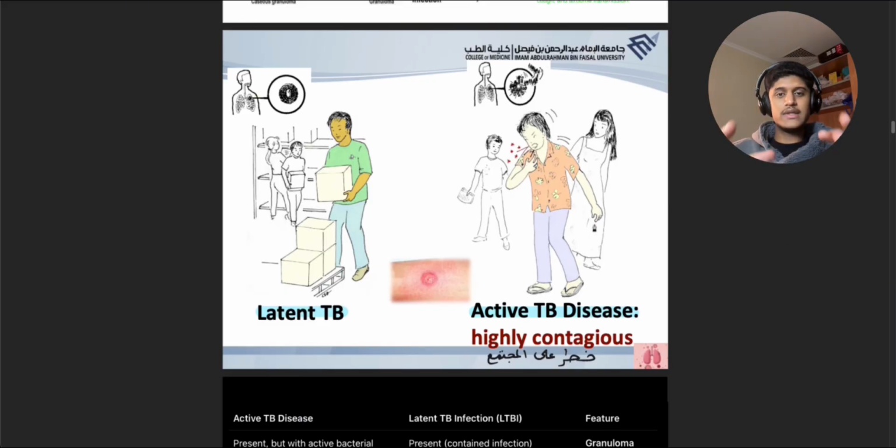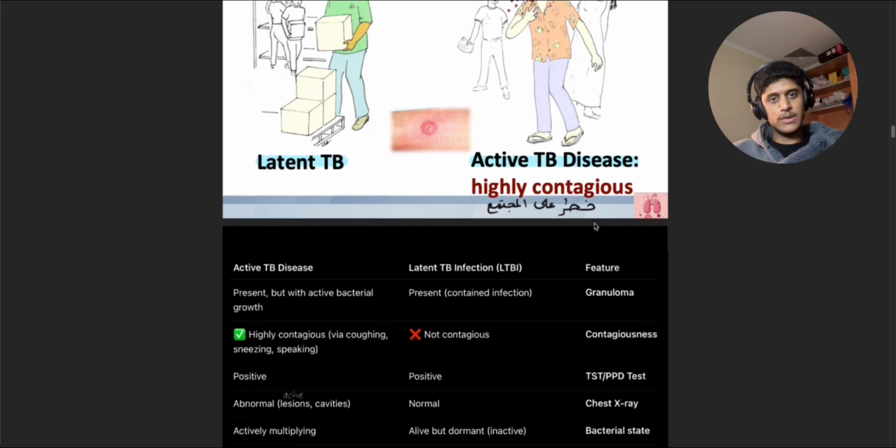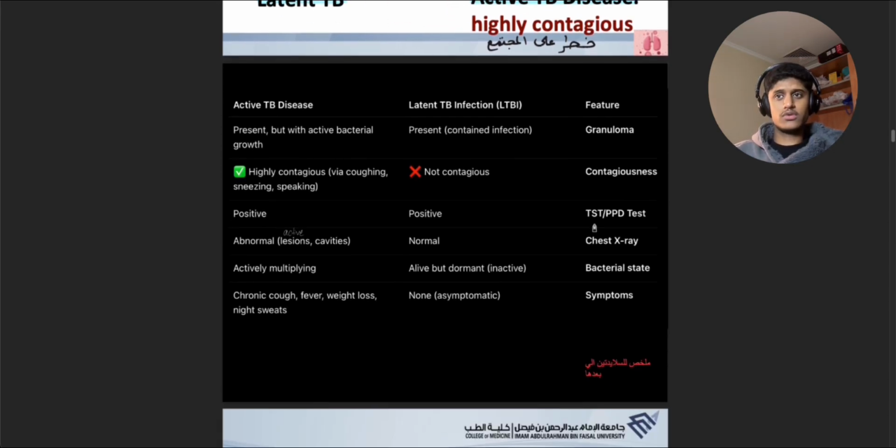And we can really say that perhaps over 70% of people around us are walking with TB, perhaps latent TB. We have TB within us, but it is not infectious, it is not causing more disease, or, to be specific, it is not contagious. However, the active TB is much more contagious.